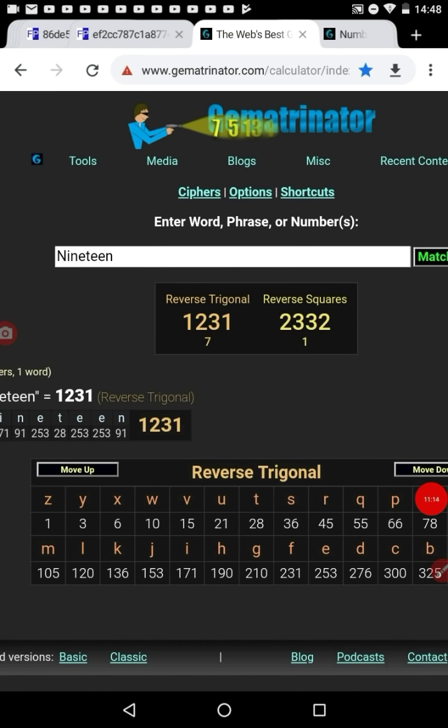As shown there with the reverse squares as well. So mathematical ciphers. The reverse squares is 2332. So it's the 23 chromosomes mirrored, 32 that way.